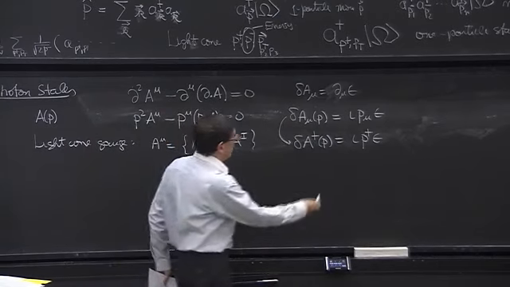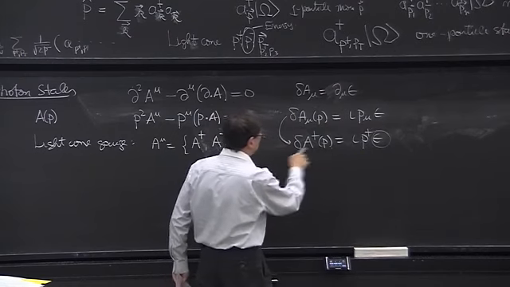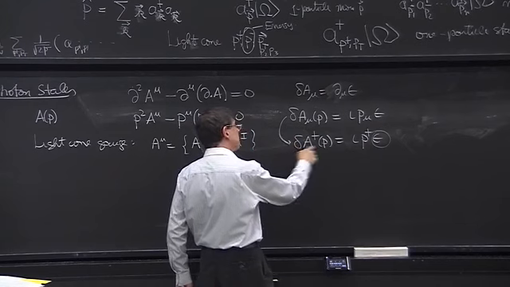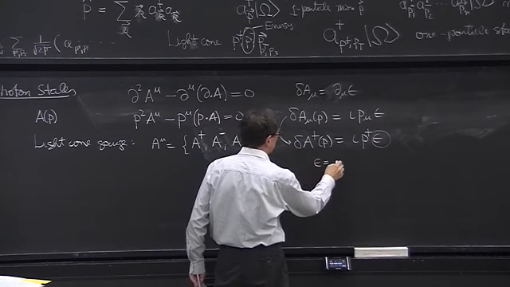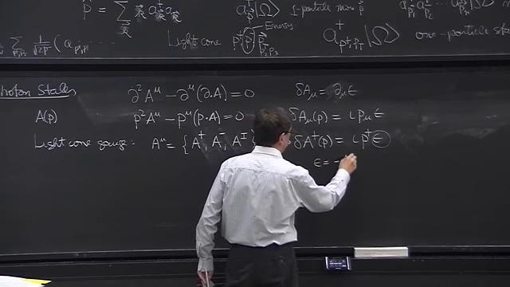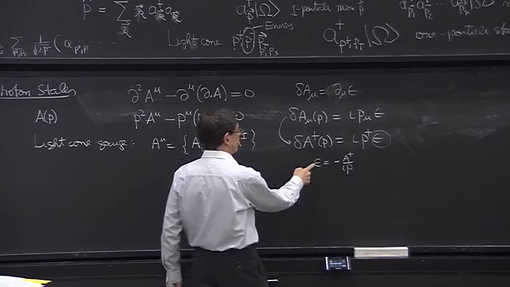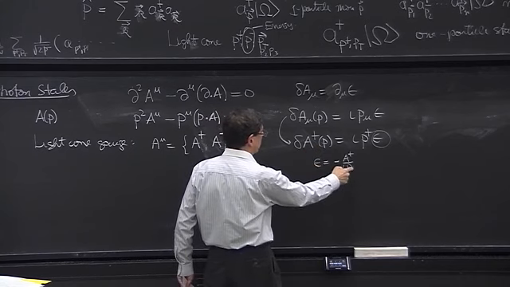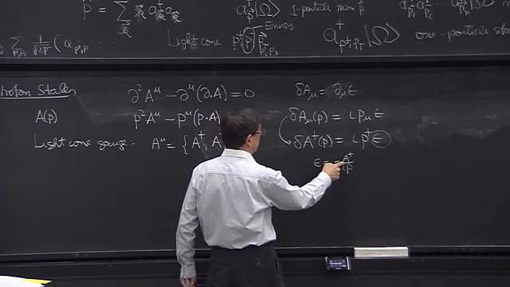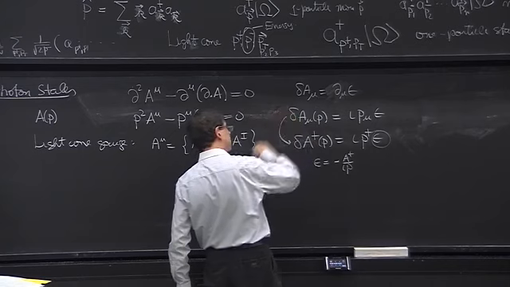And since epsilon is arbitrary, you could choose anything to gauge away A plus. You can say, let me have epsilon equals minus A plus over I P plus. If you put delta A plus equal to this, well, epsilon is going to be minus the field over IP. You substitute here, it is minus the field.